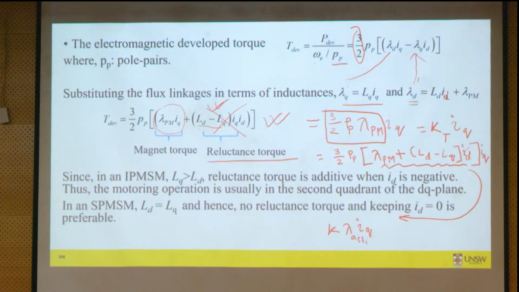Sometimes the term in the bracket is called active flux because that flux can vary, and that's why we can get flux weakening in the IPMSM, because we can vary this flux by varying the ID current.